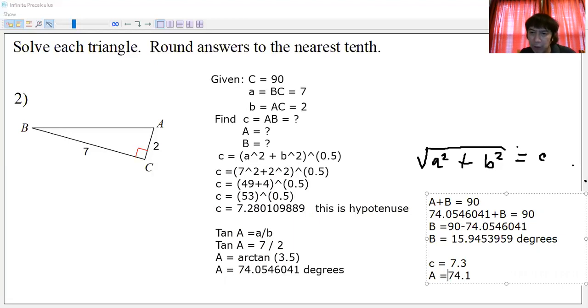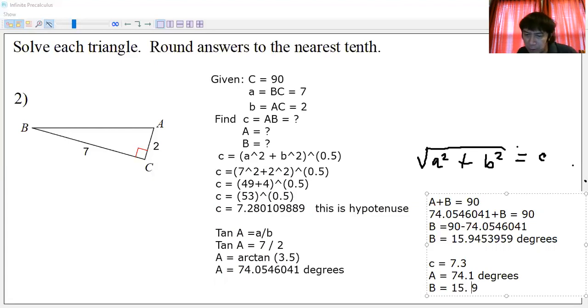That's angle A there. This is in degrees, of course. And we now have angle B rounded to the nearest tenth. That must be exactly 16. We can still write it 15.9 or 16.